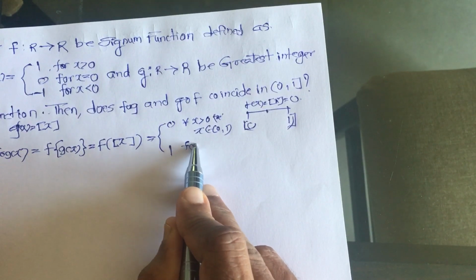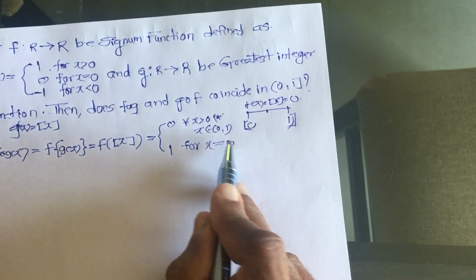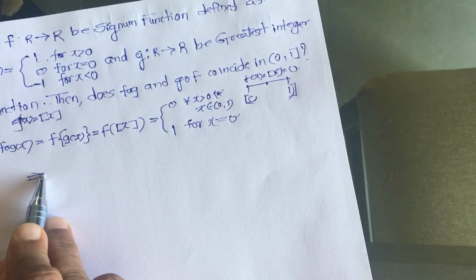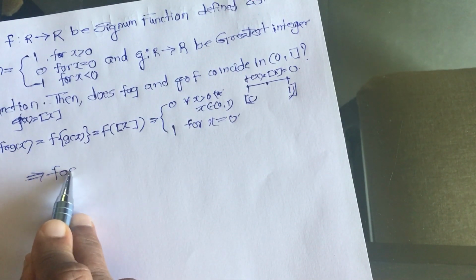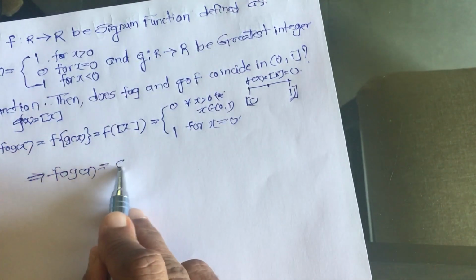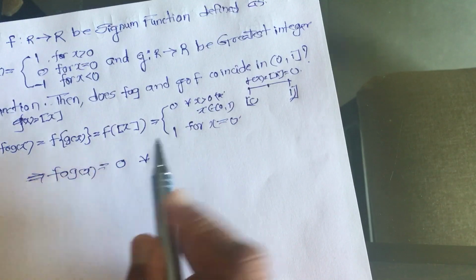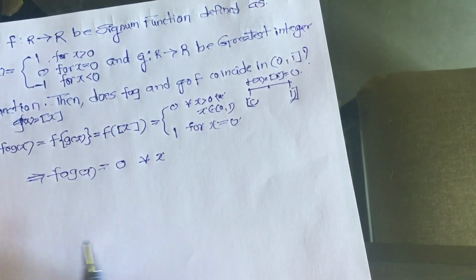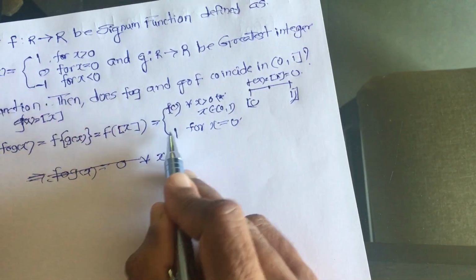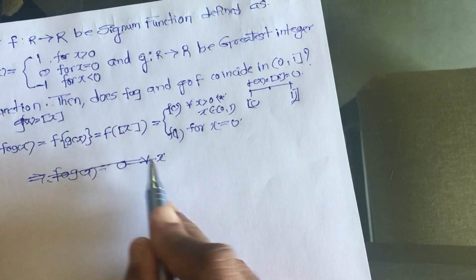So, this implies f composite g of x is, this is f of 0 and this is f of 1.